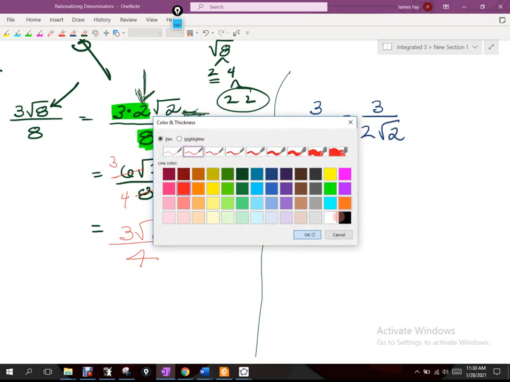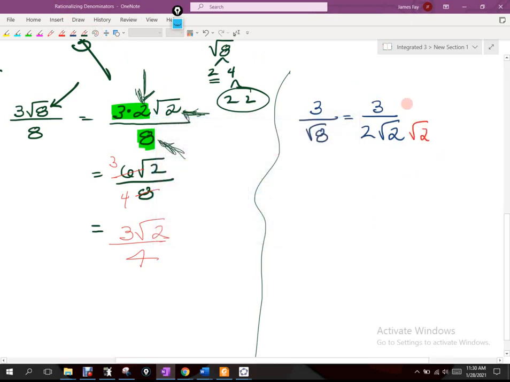So I'm going to multiply by, in this case, radical 2 over radical 2. So what's that going to turn the top into? 3 radical 2. And on the bottom, what's radical 2 times radical 2? Radical 4, which changes to 2. So you've got this 2 times that 2, which gives you your 4, which is the exact same thing we had right there, right? So you can simplify first, or you can simplify second.